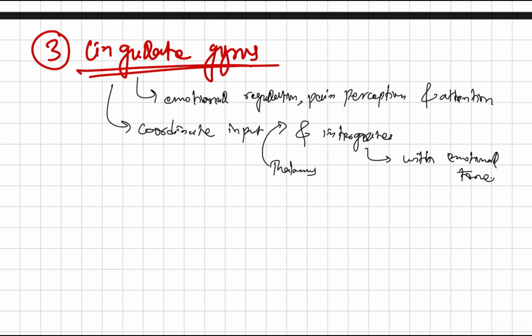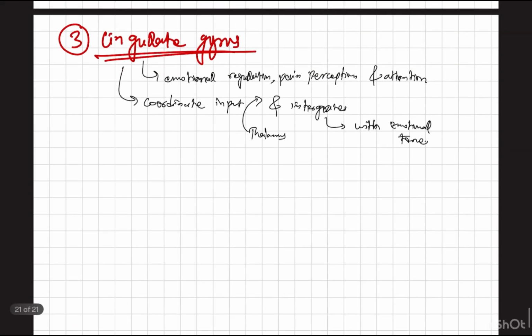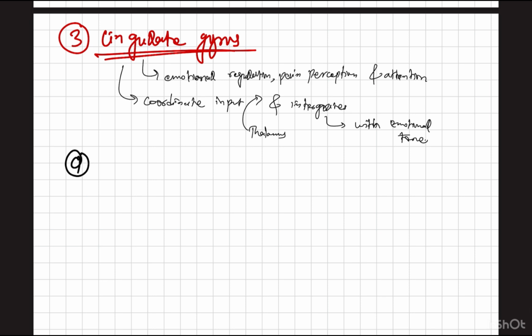Moving on to the hypothalamus and its role in the limbic system. The hypothalamus coordinates the autonomic and endocrine response to emotional stimuli.